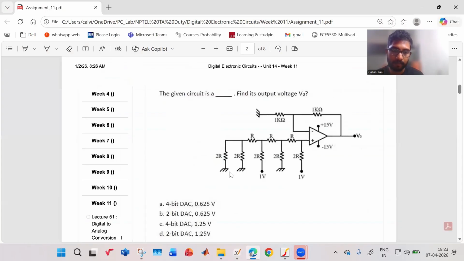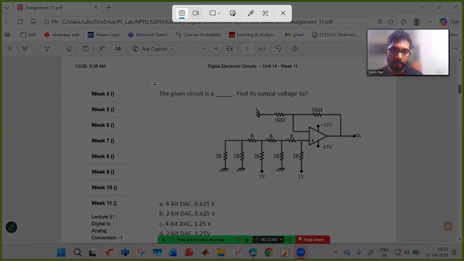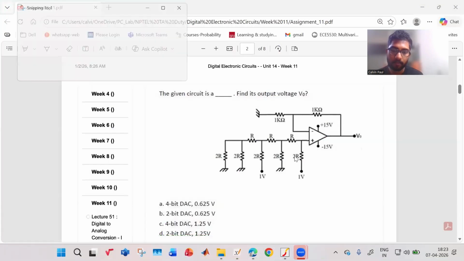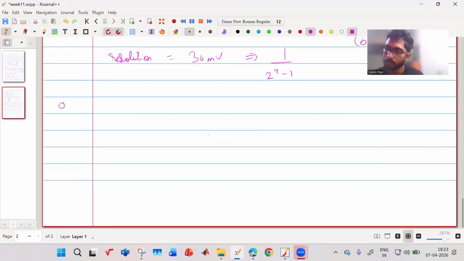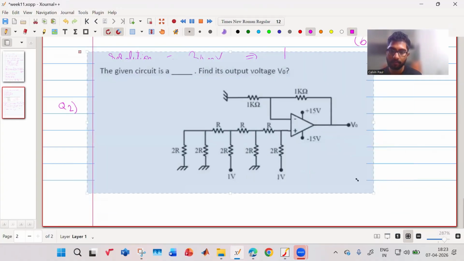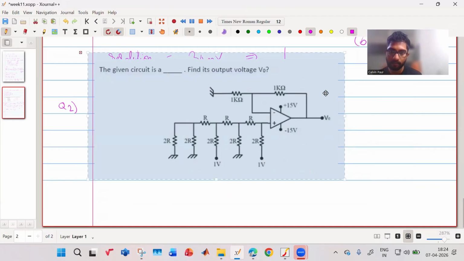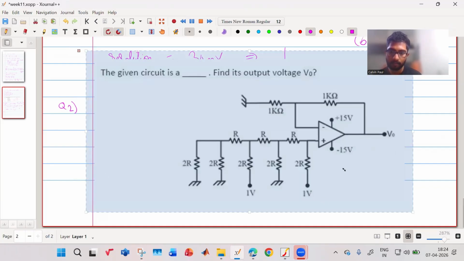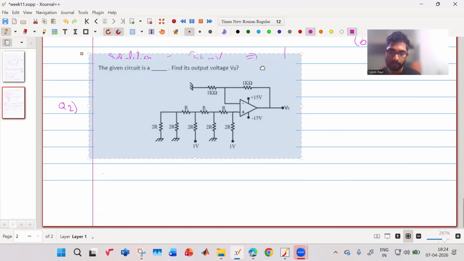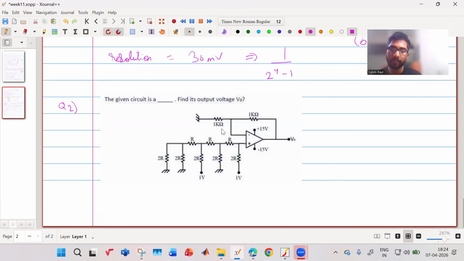This is the question. Okay, so now if you see, what circuit is this?